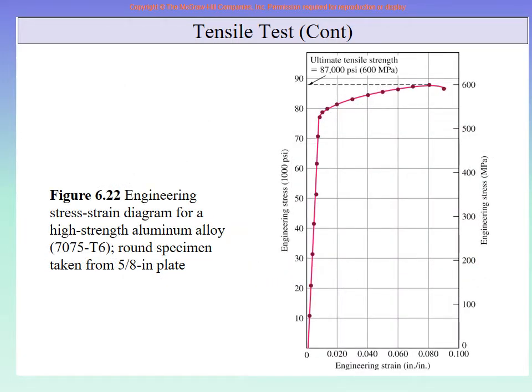And then we showed you that after the force and deformation readings are available from the machine, you divide the force by the original cross-sectional area, you divide the changing lengths by the original length, and you get a stress-strain diagram. And this is a typical stress-strain diagram for any metal. Here the metal is a very high strength aluminum alloy, 7075 T6. And on one side we have PSI units, on the other we have megapascal units.